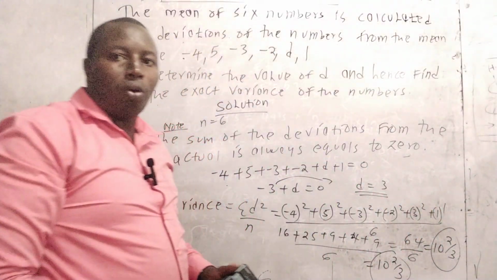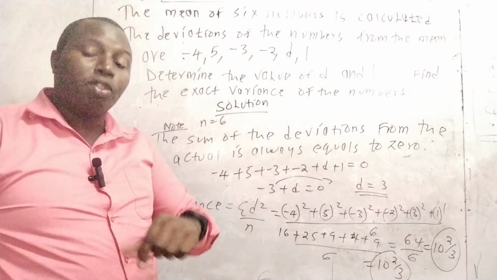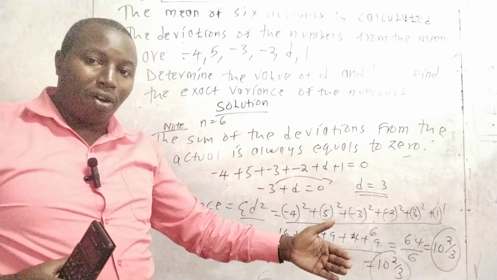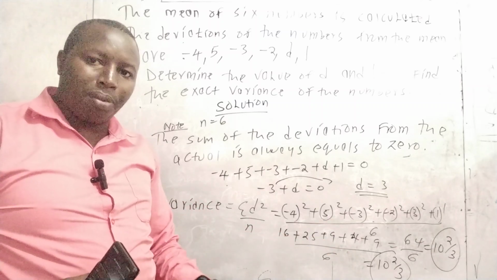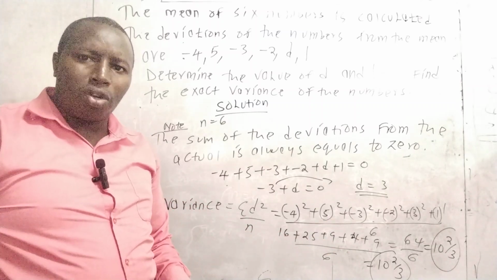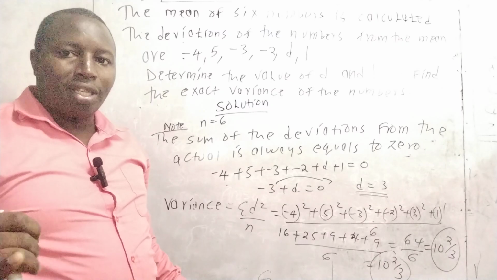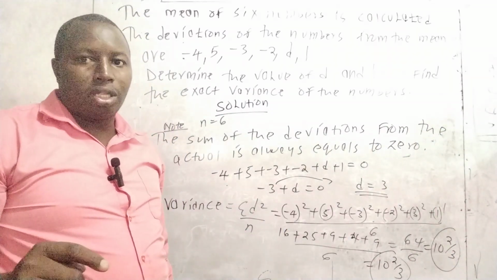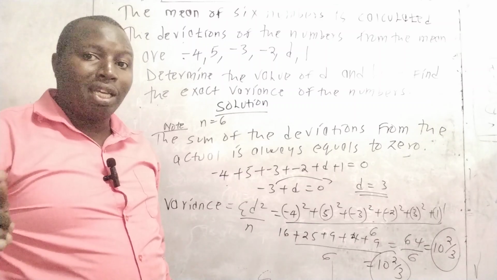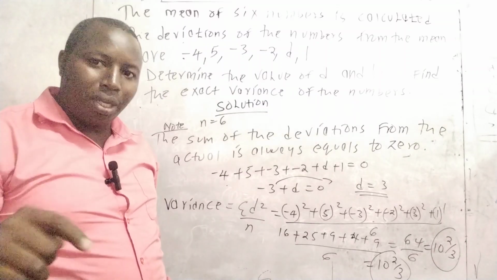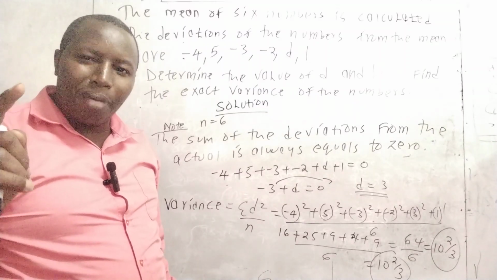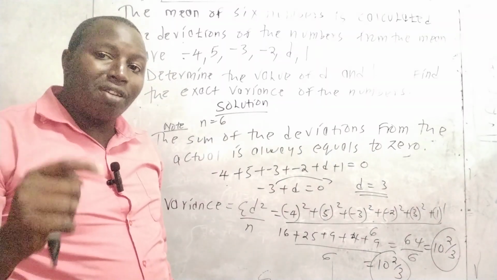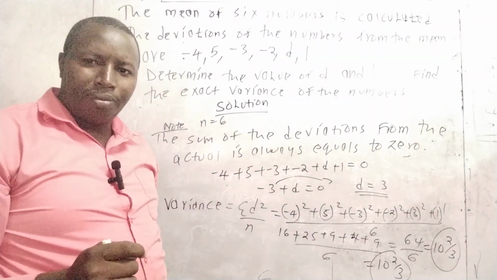Once you get the deviations from the actual mean, you square them. Once you square them, you get the sum of the squares. Then from there, divide by the total number of values that you have, which is 6, and you get 10 2/3. Note that this method is different from the method of calculating variance using an assumed mean.